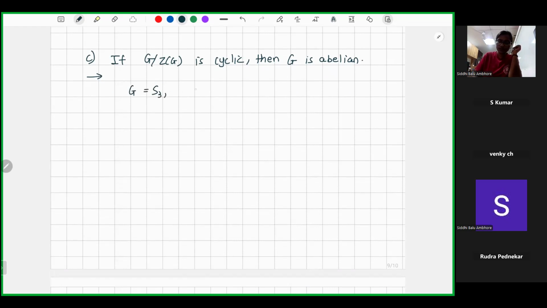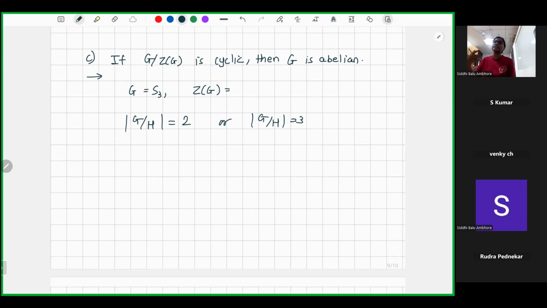G is equal to S3. What is ZG? The moment I take a quotient with respect to any non-trivial subgroup in S3, of course, the only possible subgroups are of size 2 and 3. And the moment I take this, the quotient has size 2 or size 3. And by the cardinality itself, the order is prime, so we can say that they are all cyclic. That's okay. But G is not abelian. That is also okay.